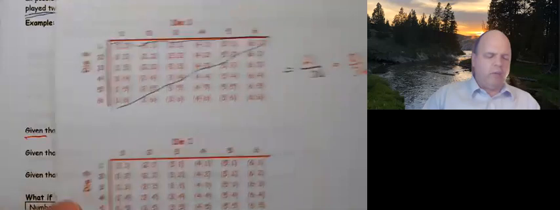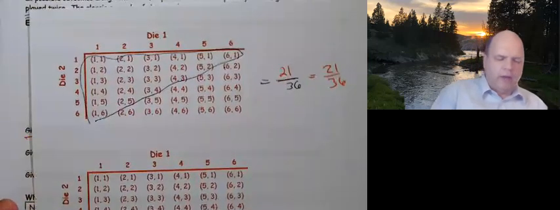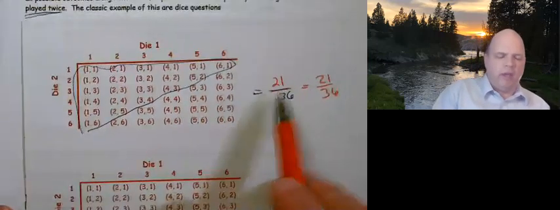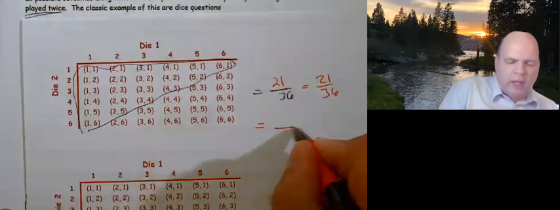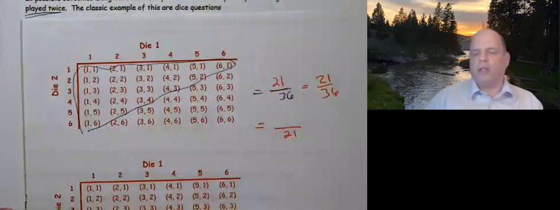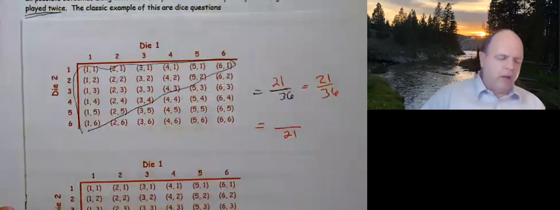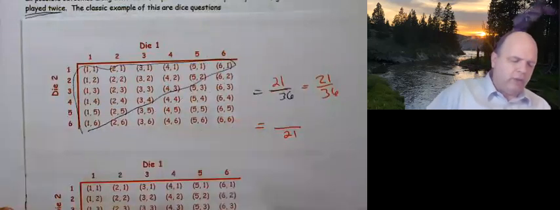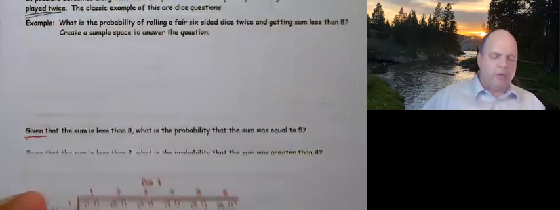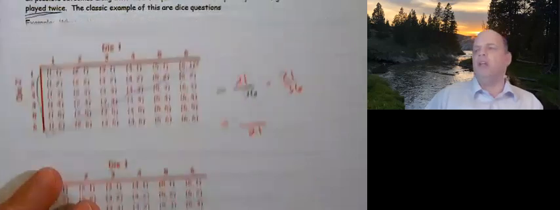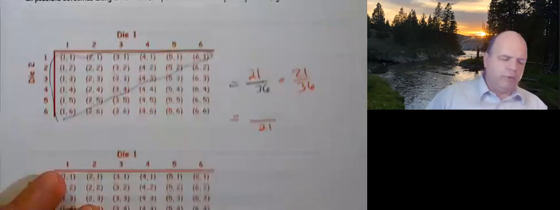Given that it was less than 8, what's the probability that it was equal to 5? Well, we already have this. We already know given is in the denominator, and we have 21 that are less than 8. But of those, how many are equal to 5?